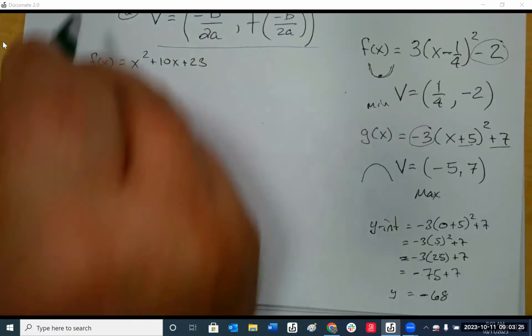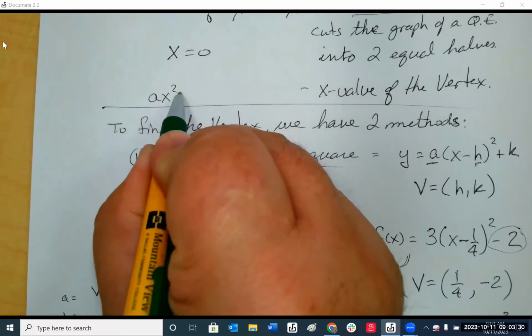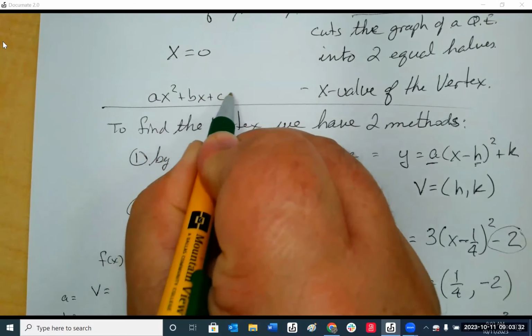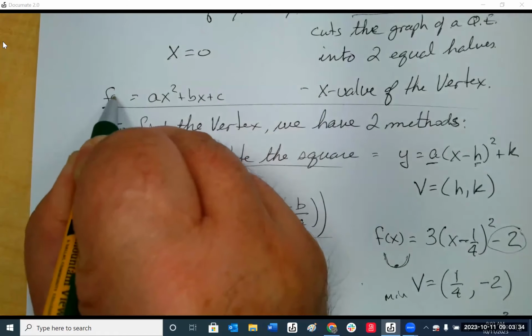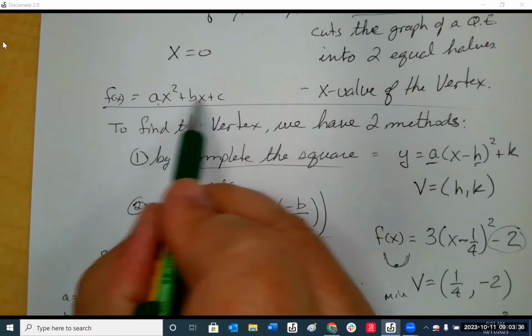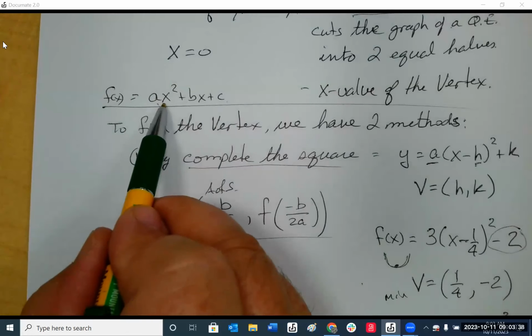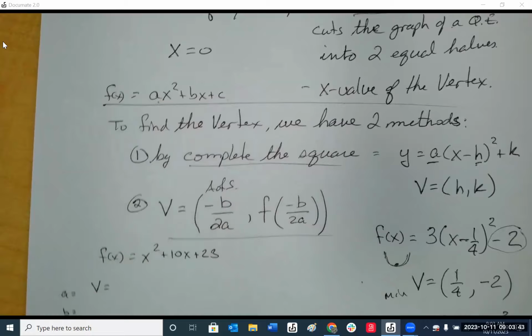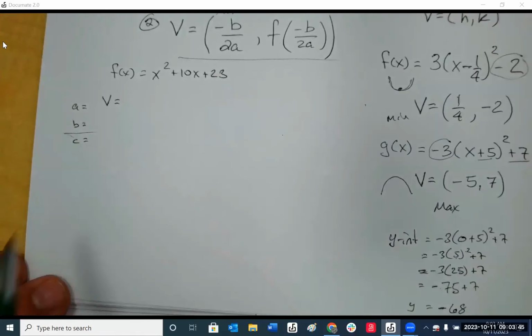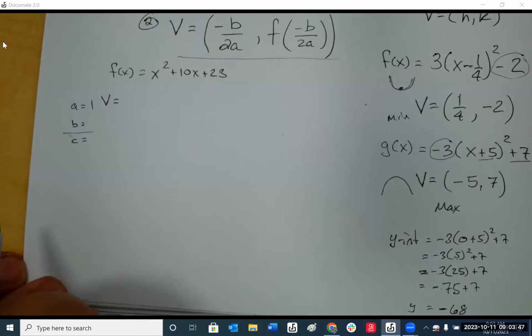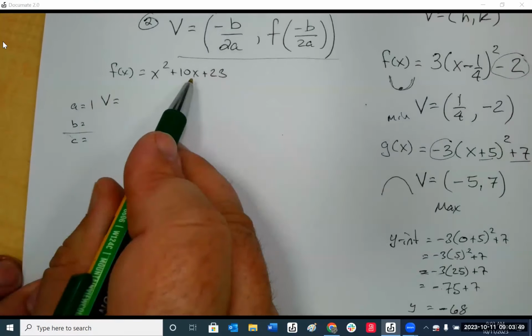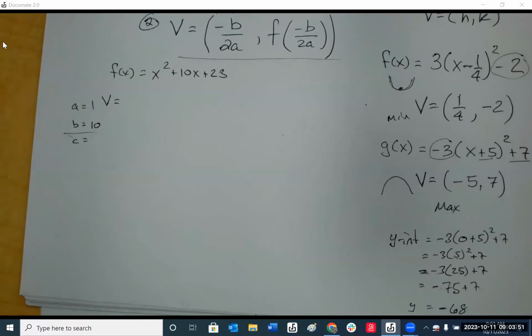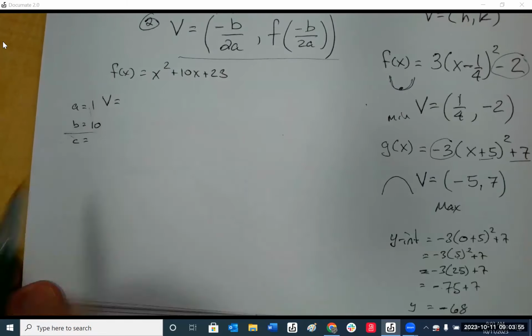Remember, the equation looks like this: ax squared plus bx plus c. A, B, and C are numbers, not letters. The x squared and x stay there. They're the coefficients. So what's the coefficient of x squared? 1. B is the coefficient of x, which is 10. There are no letters in there.